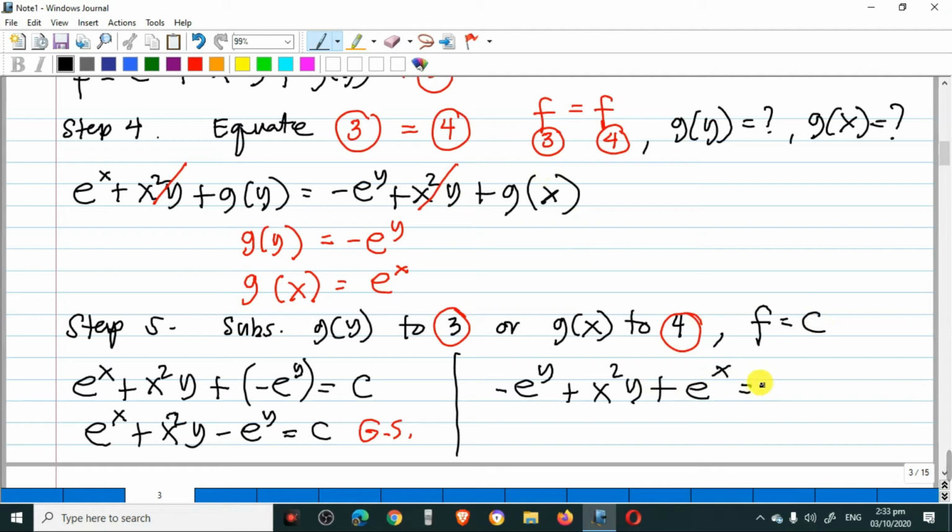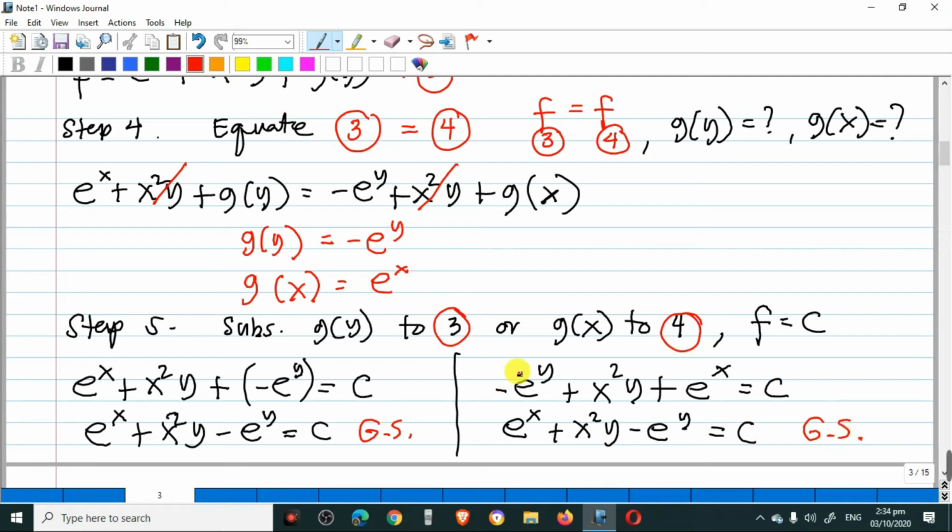Our f is equal to c, so this is equal to c. Then, arrange mo na lang. So, arranging yung ating equation, unahin natin yung x, e raised to x, plus x squared y, then yung negative value ng e raised to y. And this is equal to c. So, parehas lang yung value na makukuha natin. This is our general solution.